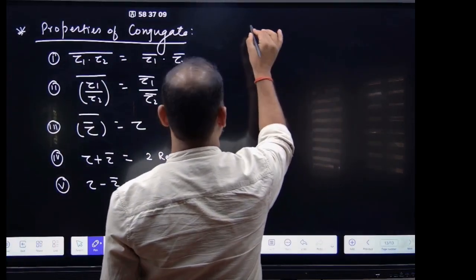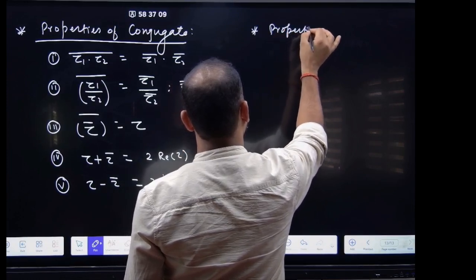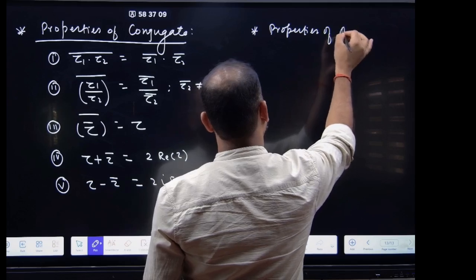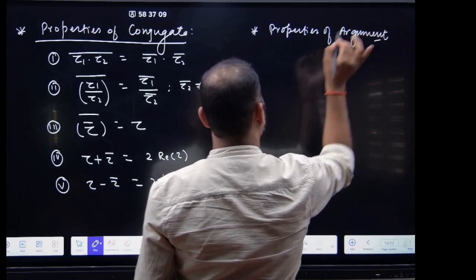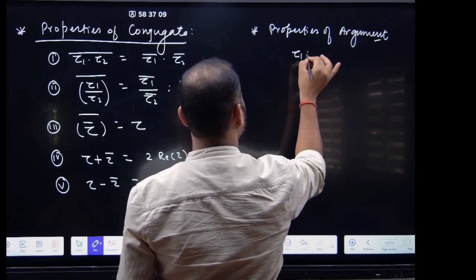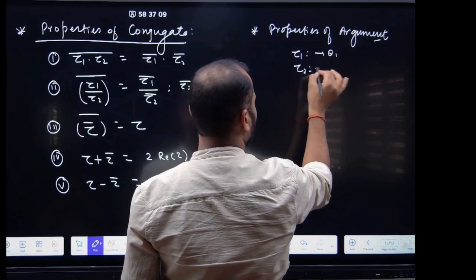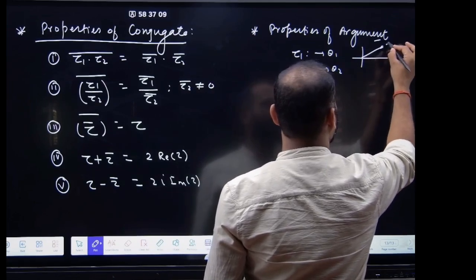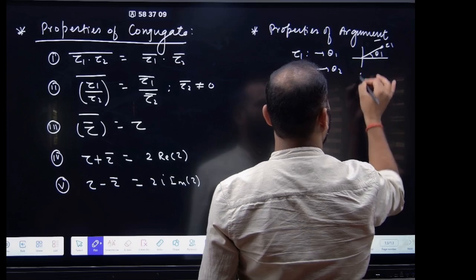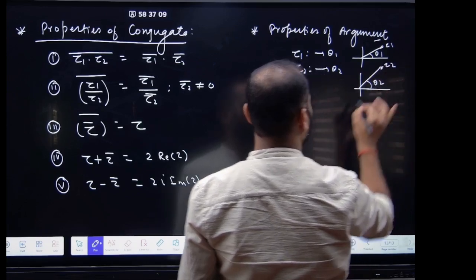So, here I am writing properties of argument. Just see what is the meaning of it. Let z1 be there whose argument is theta 1, z2 is there whose argument is theta 2. What does this mean? z1 point is here, this is theta 1. z2 point is there, this angle is theta 2, right.